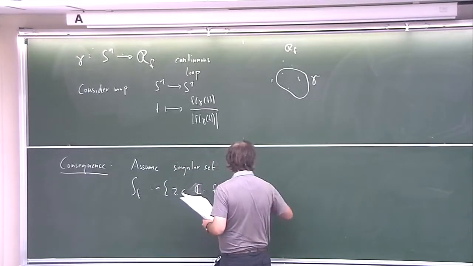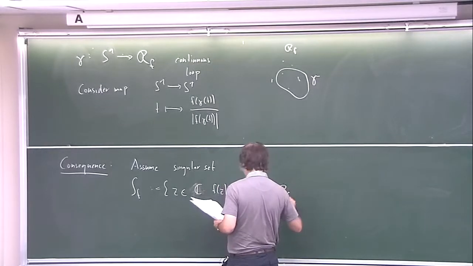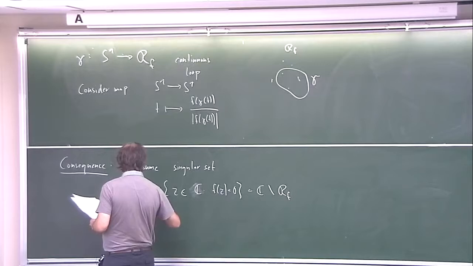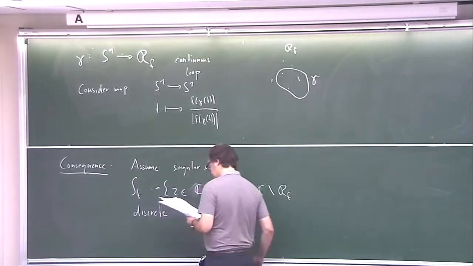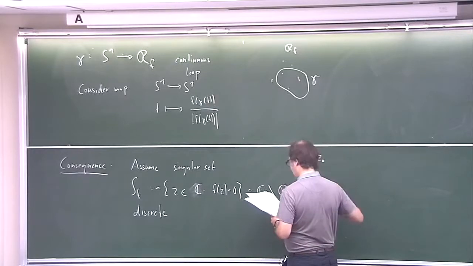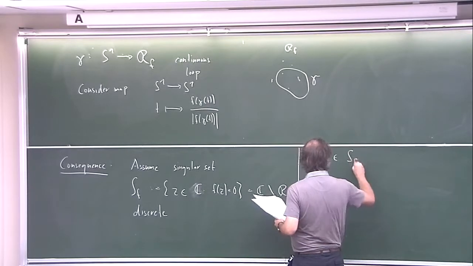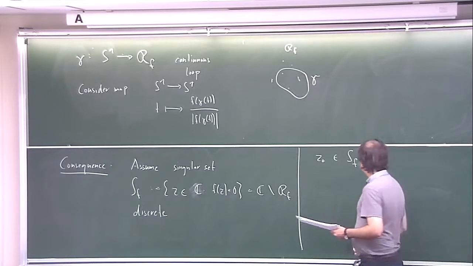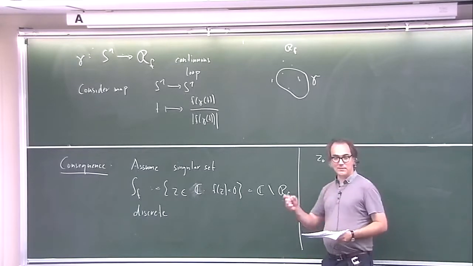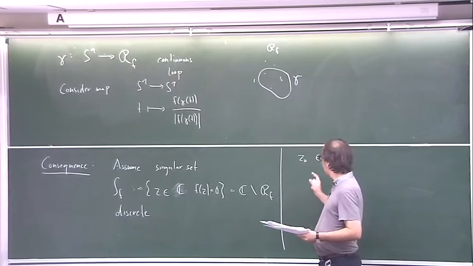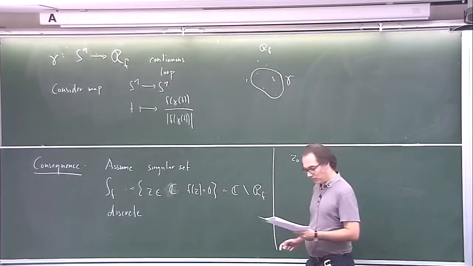So this is the complement of the regular set. Suppose that this is discrete. And let's pick z0, a point in the singular set. Now because it's discrete, we have some small neighborhood where there are no other singular points of f.